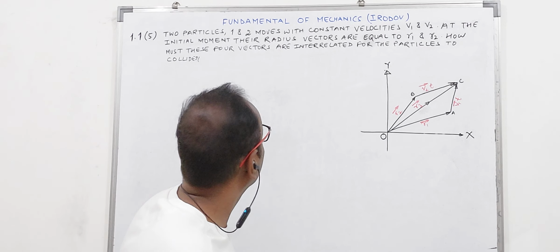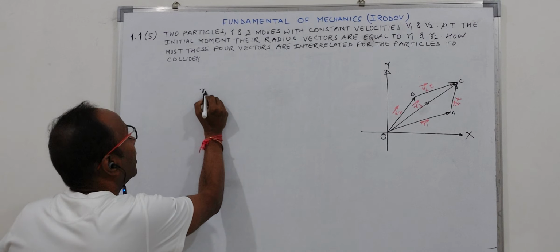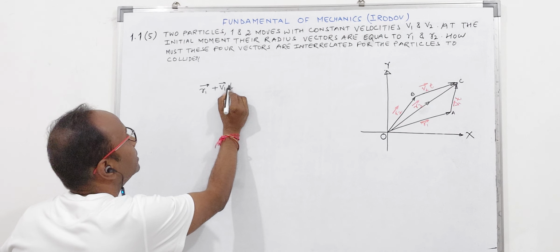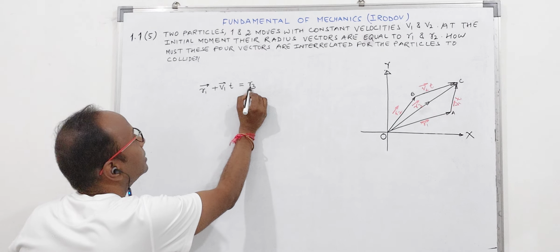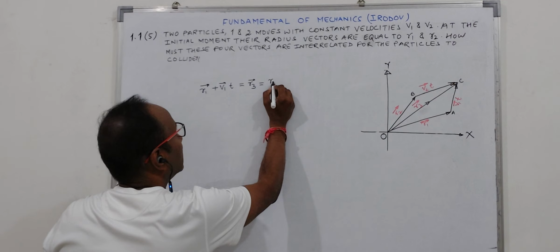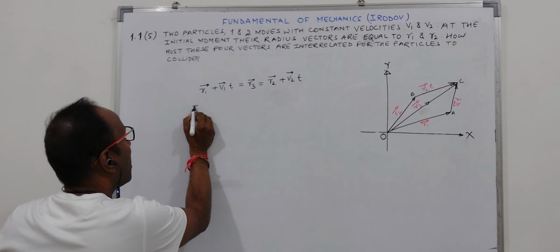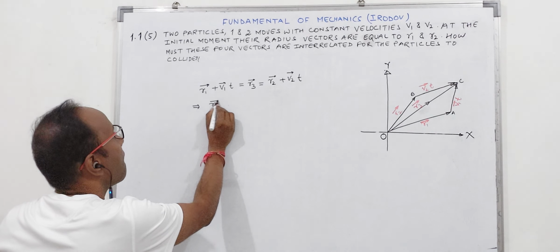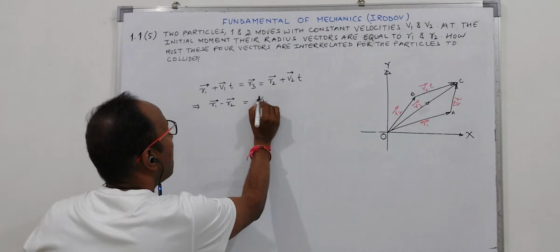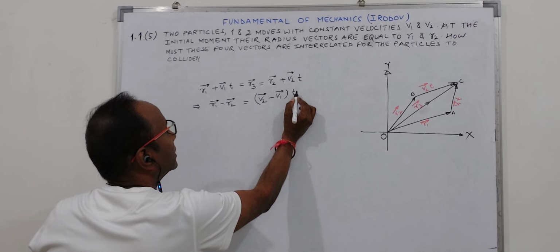So from the vector law, you can see from here, r1 plus v1 t is equal to r3, that is equal to r2 plus v2 t. So r1 minus r2 is equal to v2 minus v1 into t.